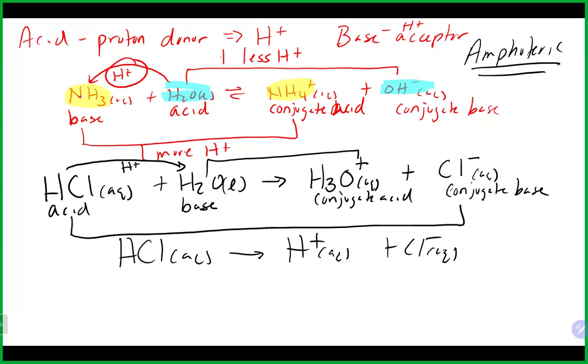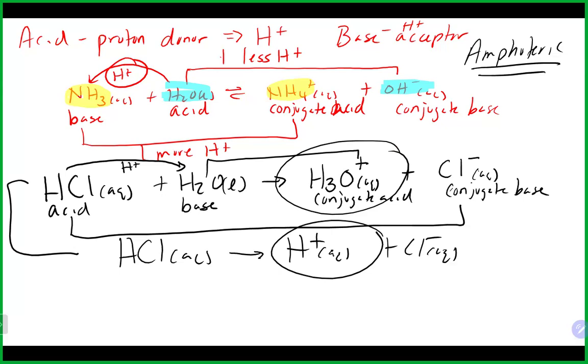Here, if you don't use the H2O, you will just show it breaking apart like a strong electrolyte example, and it will break apart 100% of the time. That's why both of these are exactly the same. Both of these reactions are showing the exact same thing happening. They're both showing that HCl went for a swim in water and broke apart into those two things.